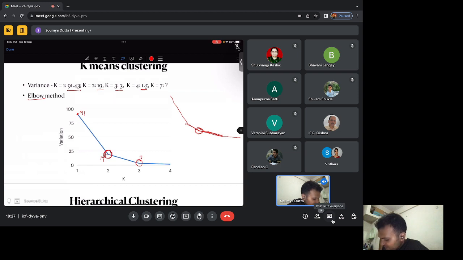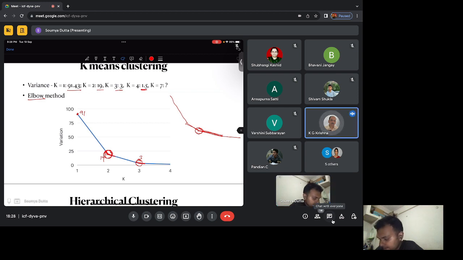So it looks to me that the change in slope is much more at this particular point than at this point. Of course you are correct that 19 to 3 is still a big drop, but I am saying that you have to eyeball this and get your measurements and get your results. This is a very empirical way of setting k, and this is the only way that we can set k ideally. But you have to look at it and understand.